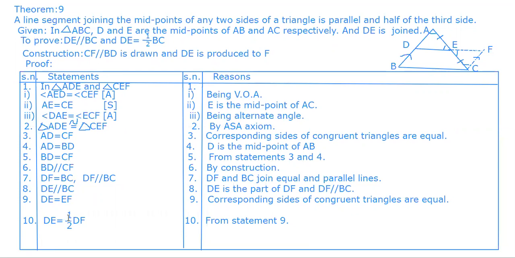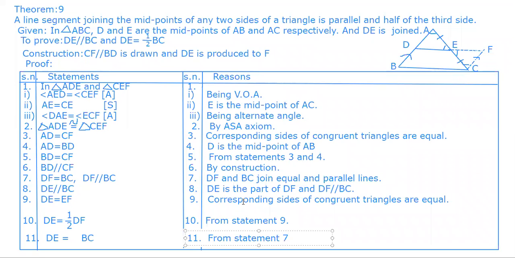Now the value of DF is BC, so we can write here DE is half of BC because DF is equal to BC, from statement 7.